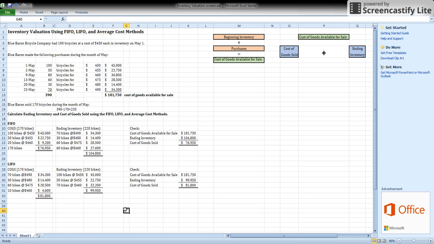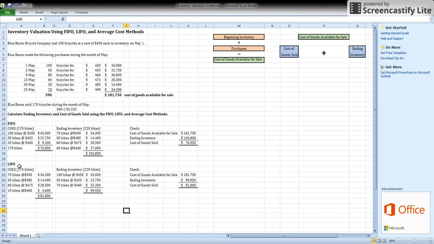So under LIFO, last in, first out, what that really means is the last things that we purchased become the first things that are sold. So as we go to calculate cost of goods sold, what we look at is what did we purchase last during the month?